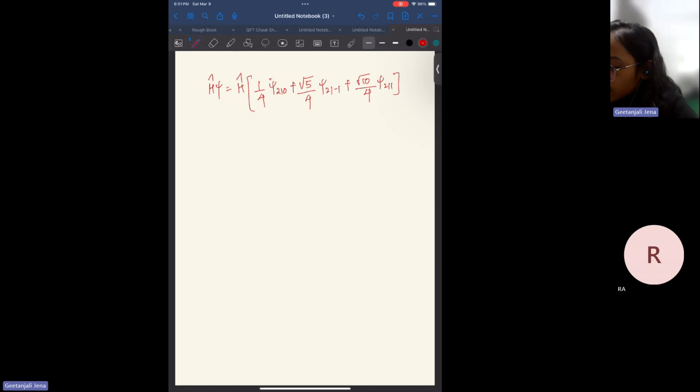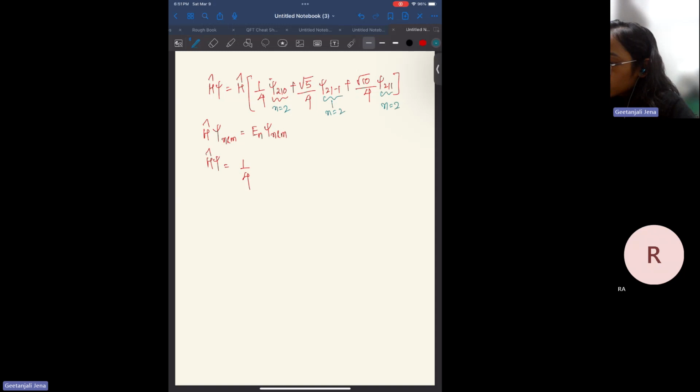Now if H acts on psi, you know that when H acts on psi nlm, it will give En psi nlm. That means H psi will be 1 by 4. Here you see n is 2, here also n is 2.